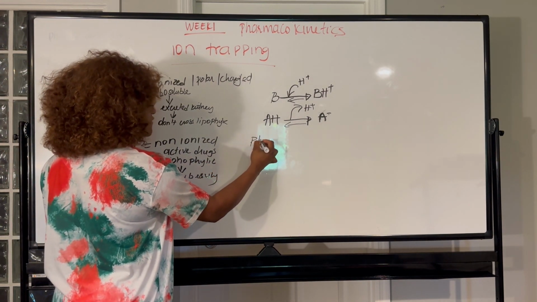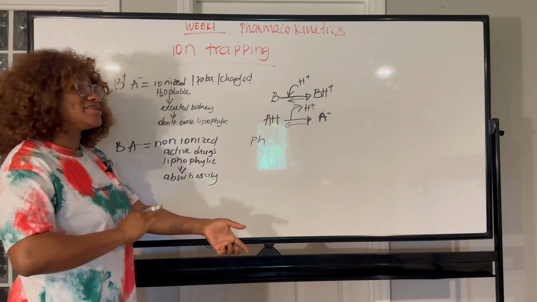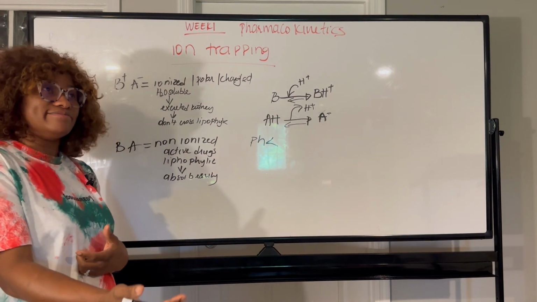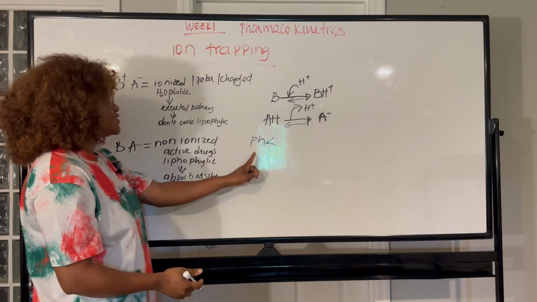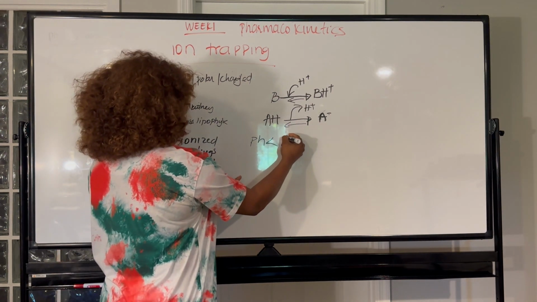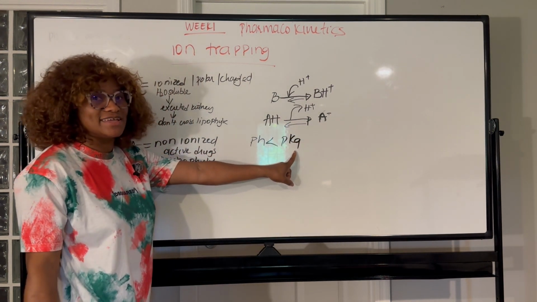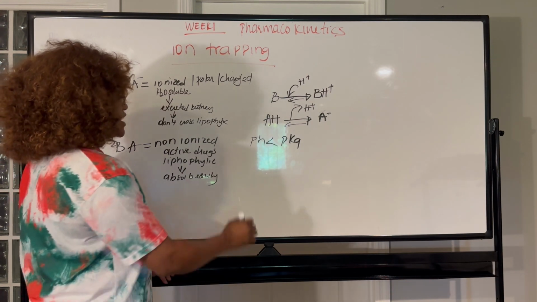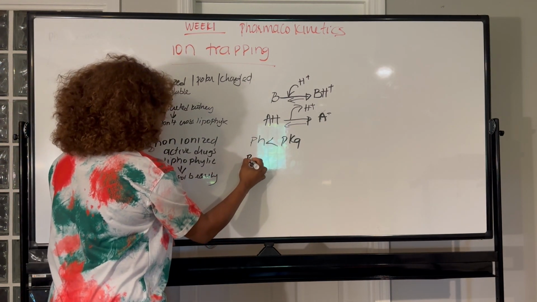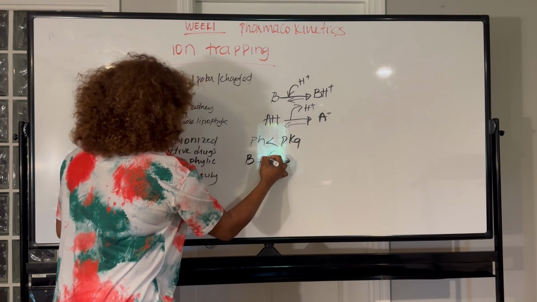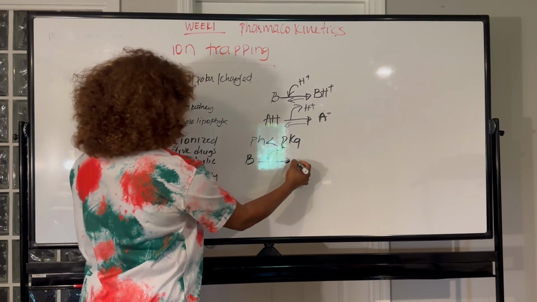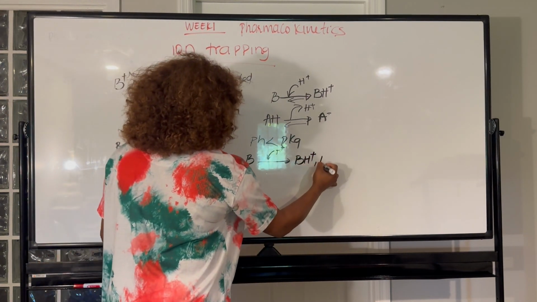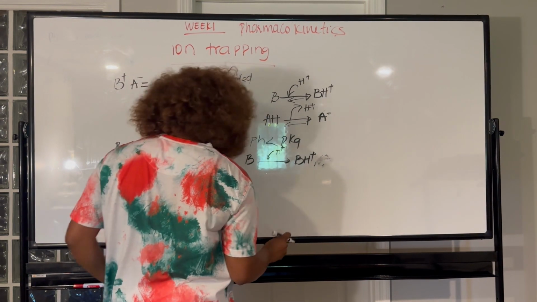If I have an environment that is acidic relative to my drug, acidic means my pH is lower. The lower my pH, the more acidic my environment is. So if I have an environment that is more acidic than the pKa of my drug, what have we talked about here? That in an acidic environment, bases tend to get a proton, and they become charged, they become ionized.